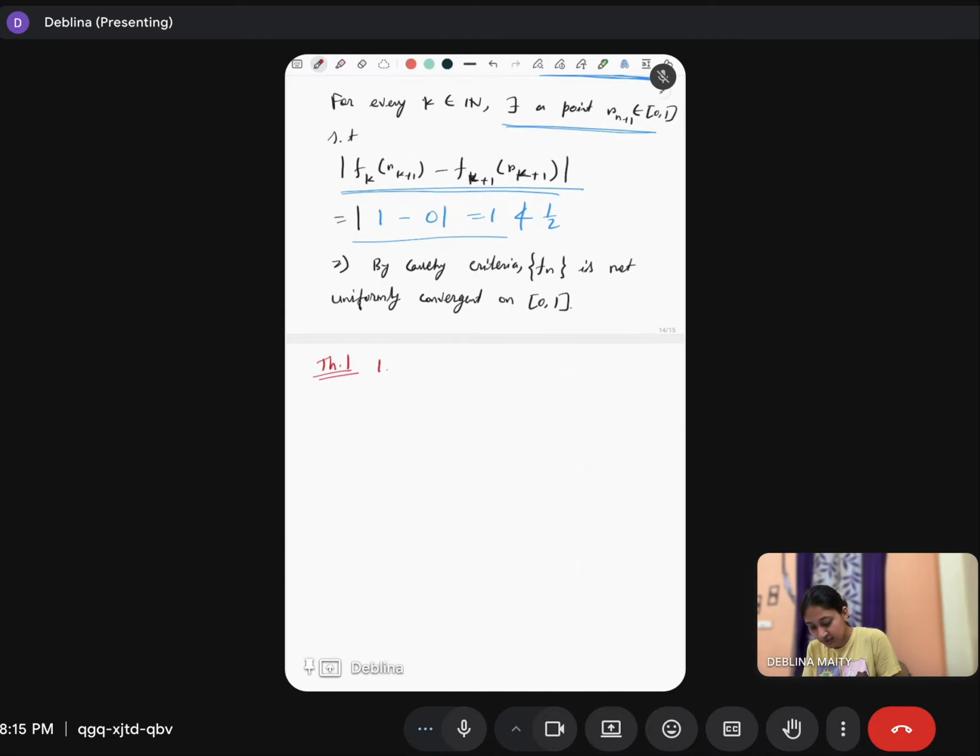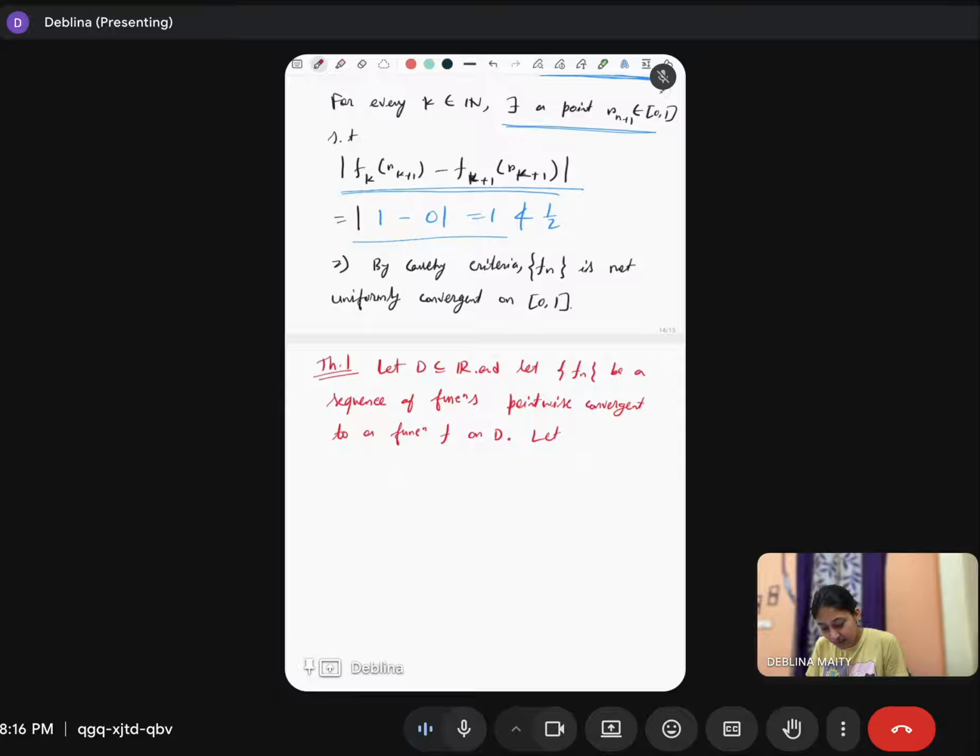Let D be a subset of R and fn be a sequence of functions pointwise convergent to a function f on this D. Now let Mn equal the supremum over x belonging to D of mod of fn(x) minus f(x).